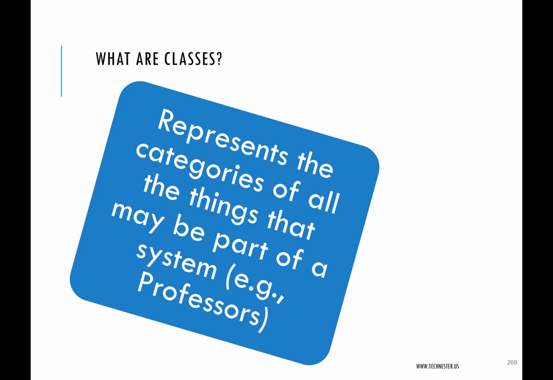So when we're talking about classes, we mean categories of those things that make up our information system: hardware, software, data, people, processes. So a class represents groups of these things.